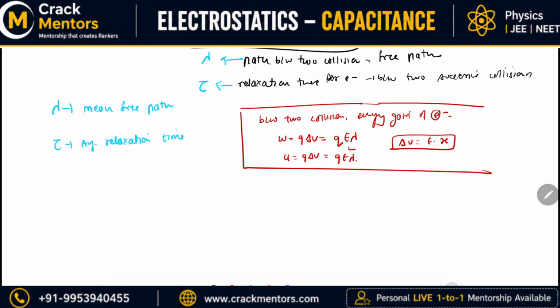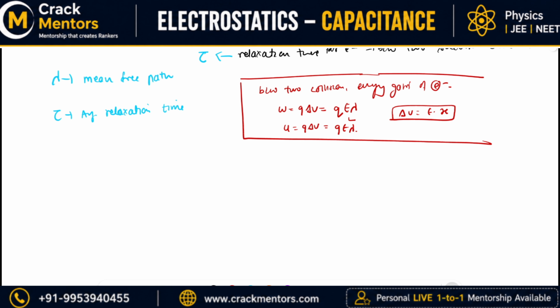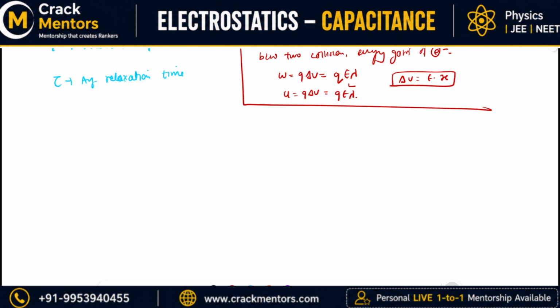So between the two collisions, the electron gains velocity for a moment and after the collision loses it again. Next time it will again gain energy and lose it after collision. This cycle keeps on going. In between the two collisions, they provide a small velocity to the electron, which is definitely opposite to the electric field.